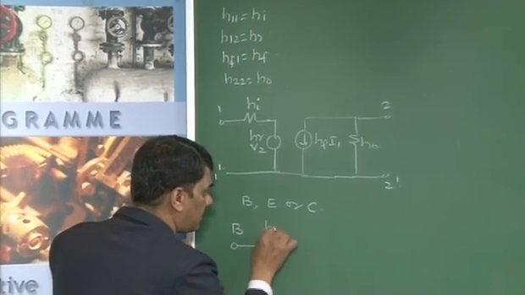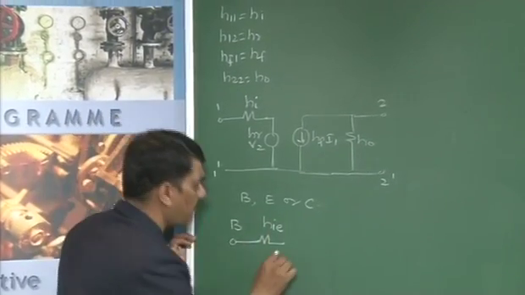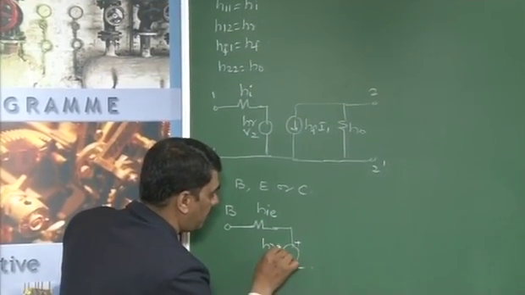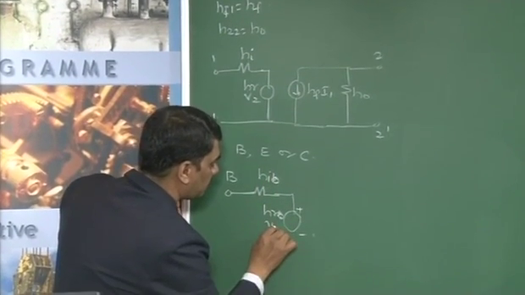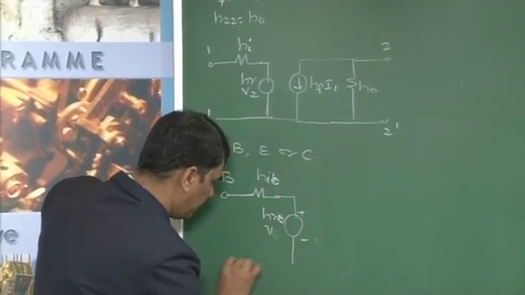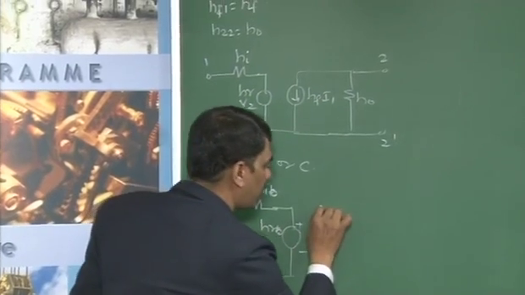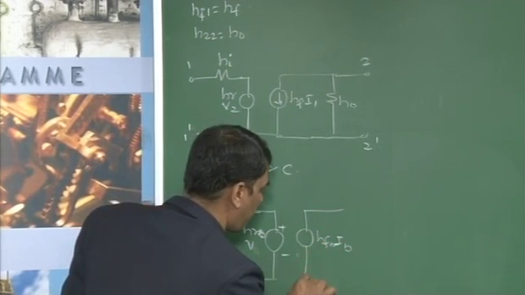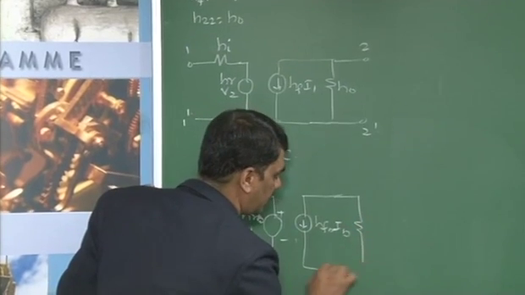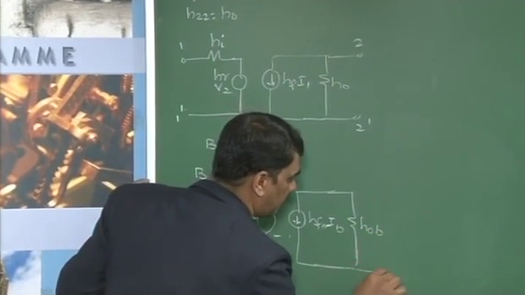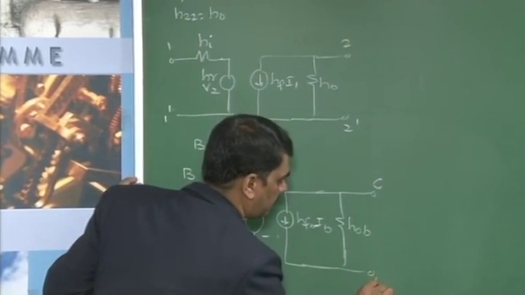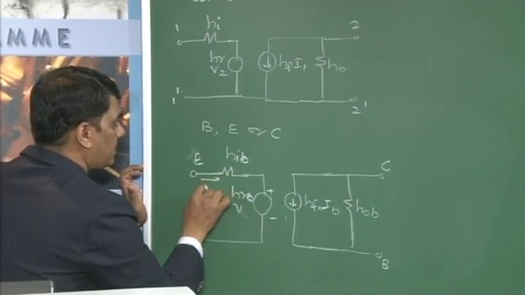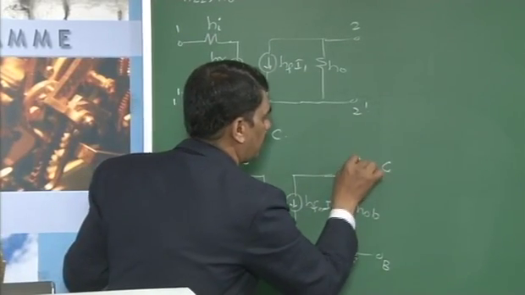Between the base and emitter there is the transistor input resistance, hib, followed with a voltage source, hrb into VCB. Similarly, at the output terminal there is a constant current source, hfb IB, followed by hob, a conductance, and then the collector. The current flowing through the input is IB and the current flowing at the output is IC.